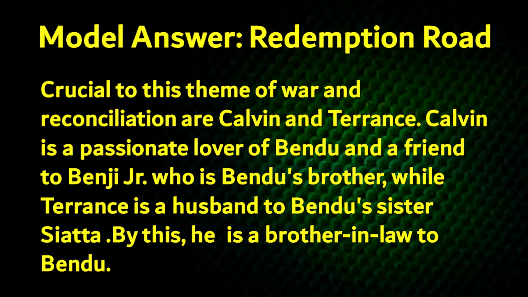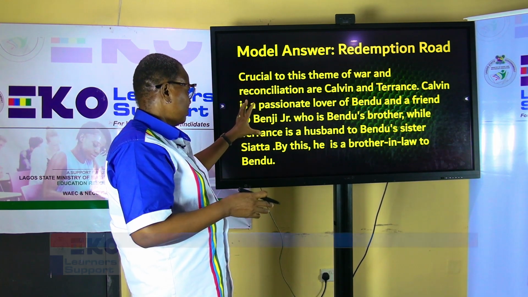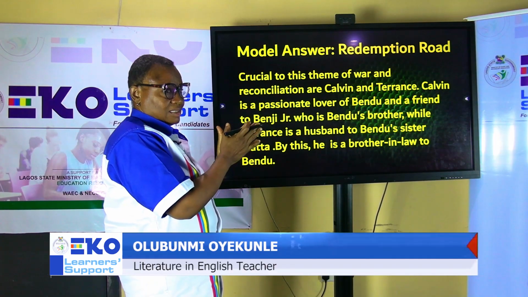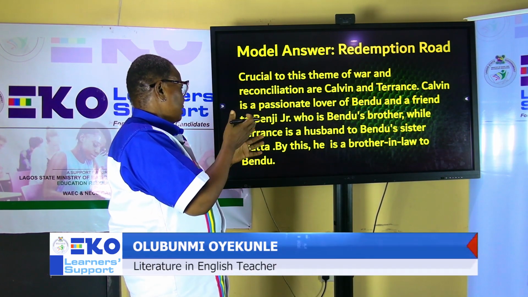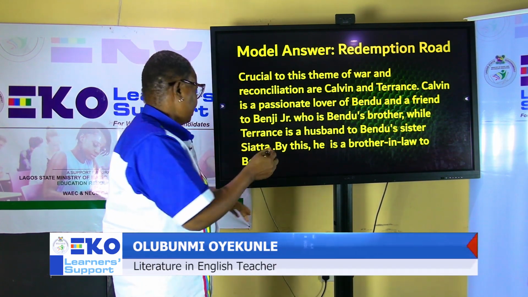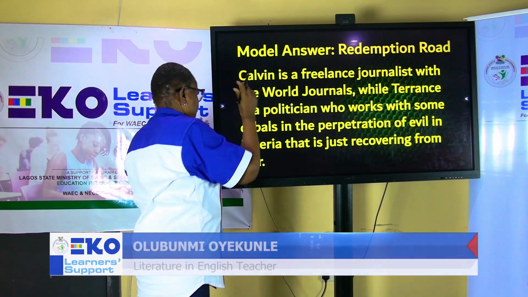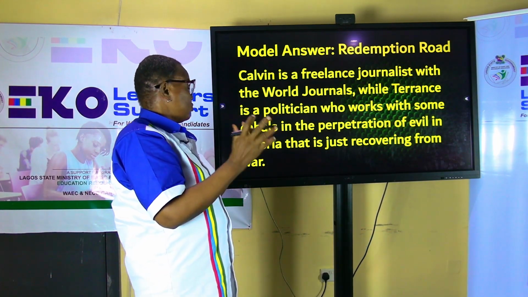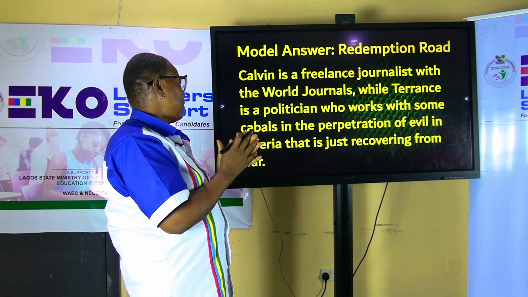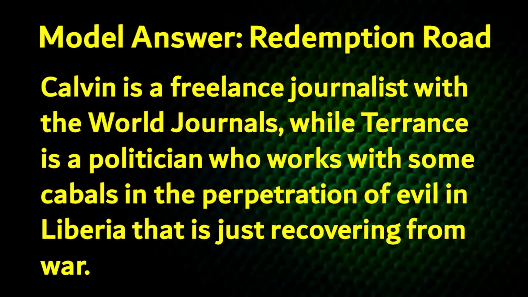By this, Terence is a brother-in-law to Bendu, we can see that the two of them are actually assessed in the light of their family background. So we have picked them, we have looked at them in the light of their family background. Calvin is a freelance, that's another point.